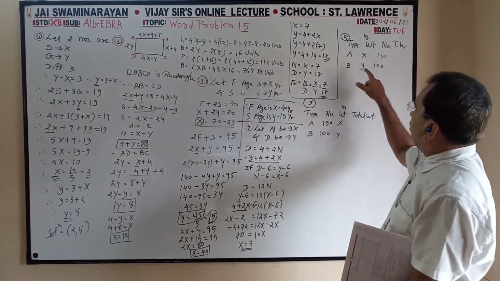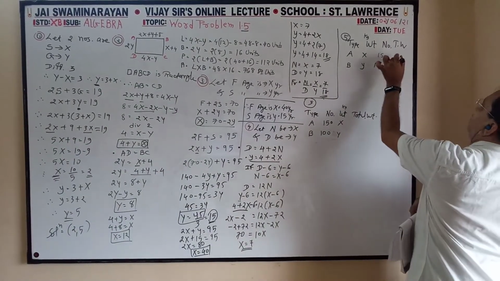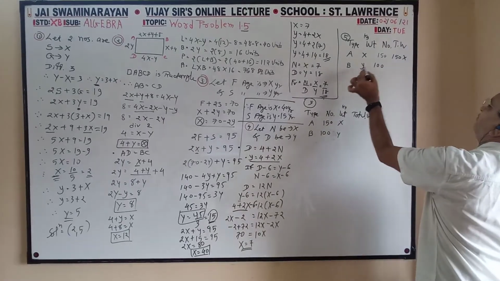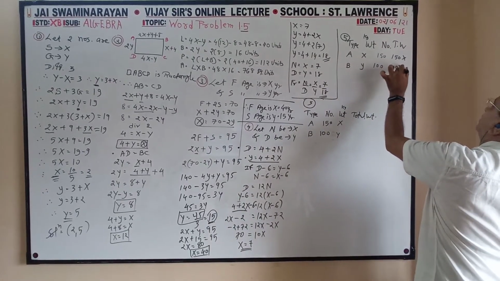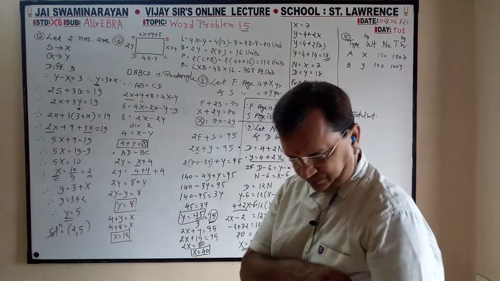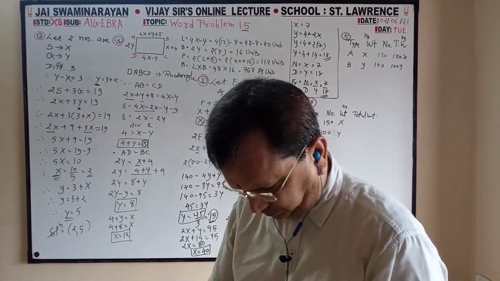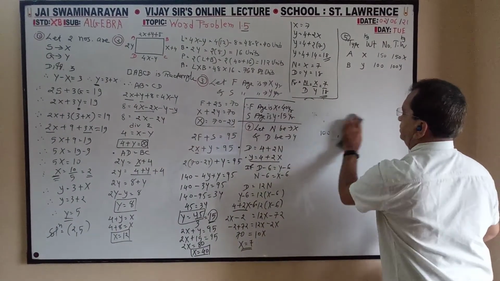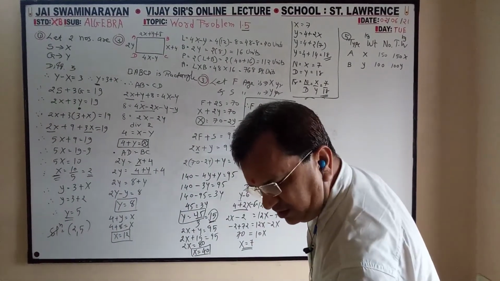So 150 boxes of x kg, so the total will be 150x kg. 100 y, so 100y kg. And that total is given 10 ton.